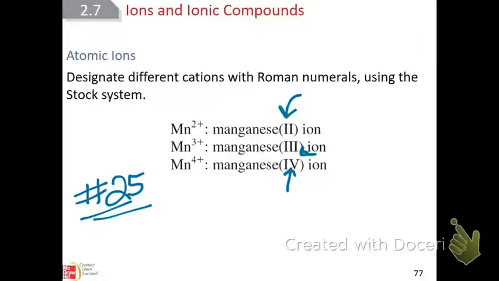You have to include it as you're naming them. And this Roman numeral tells you the charge. That's what it represents. It is not like in molecular compounds. It does not tell you how many of those atoms there are in the compound. Instead, it tells you the charge. That's a very important distinction. Please make sure you get that distinction. Okay?